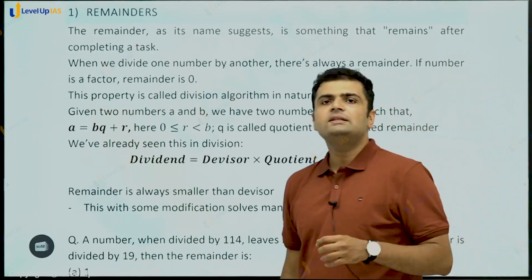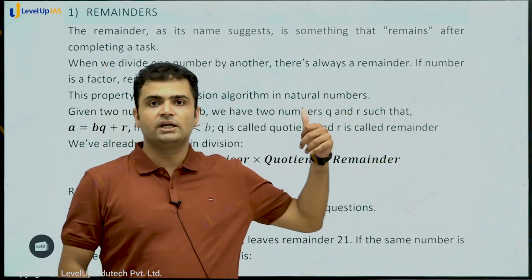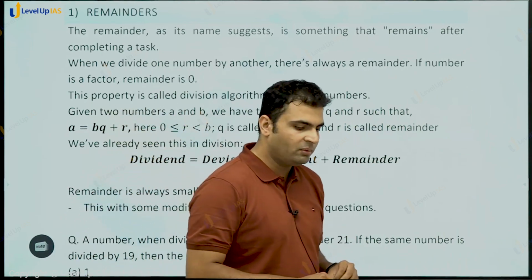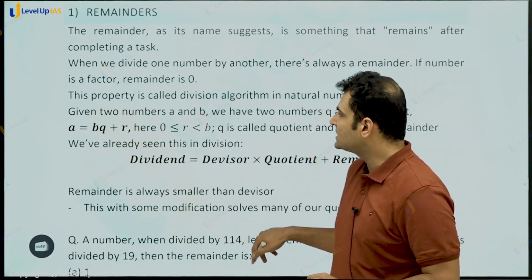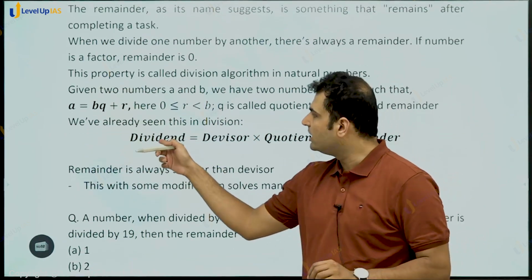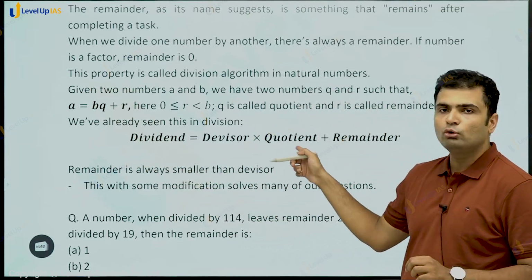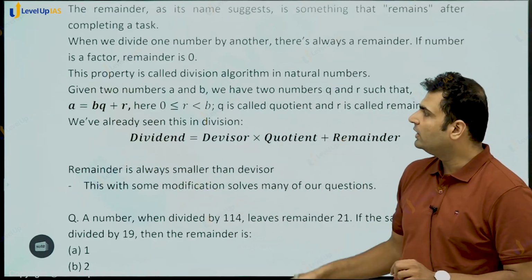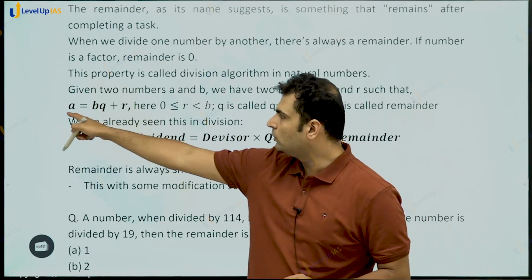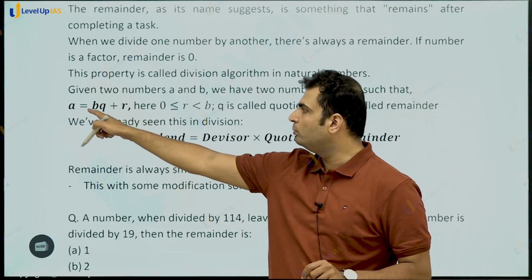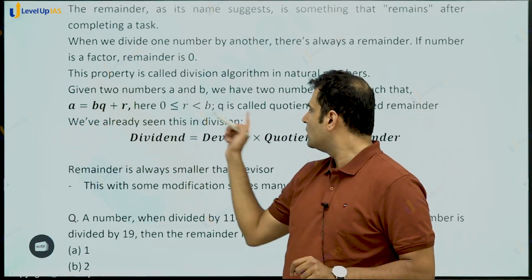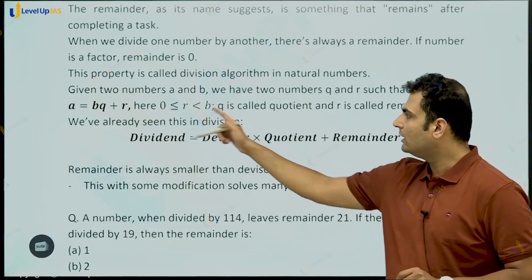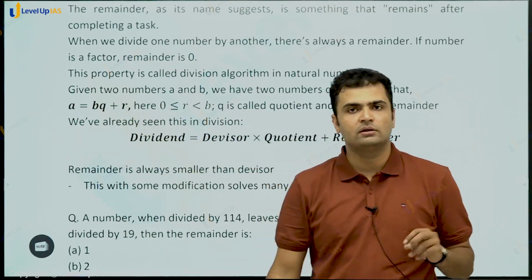So we have already studied, when we were studying division, that when we divide one number by another, we can represent that division in this form: dividend is equal to divisor into quotient plus remainder. When we divide any number a by b, you can write a as a = b × q + r, where q is quotient, r is remainder, a is dividend, b is divisor. Fine.